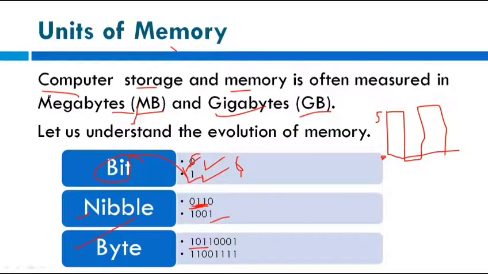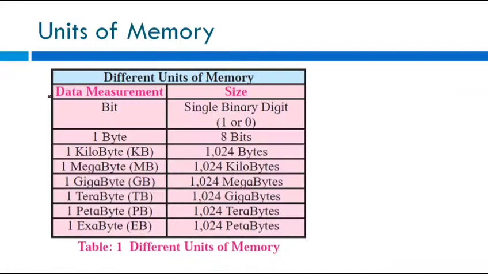So we need a machine which has higher memory and storage. At that time the units of memory will exceed and go up to petabytes. So let us begin the data measurement and its size.